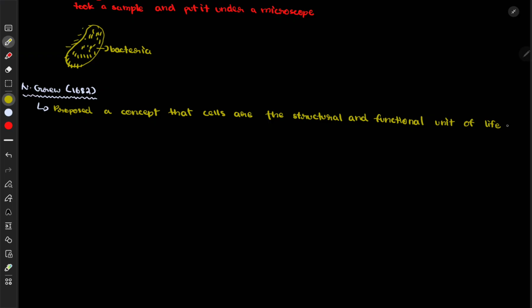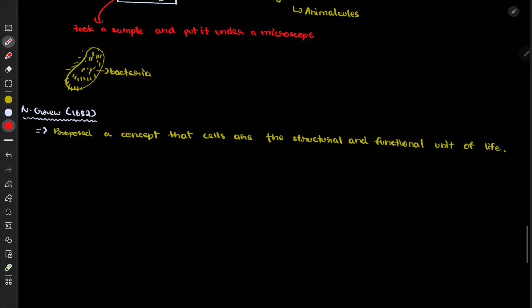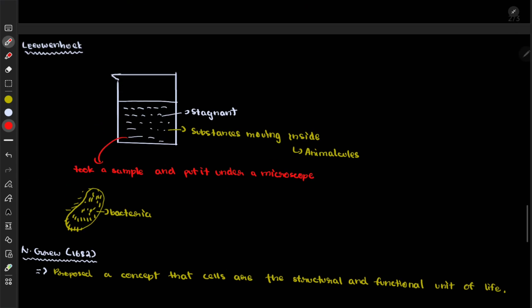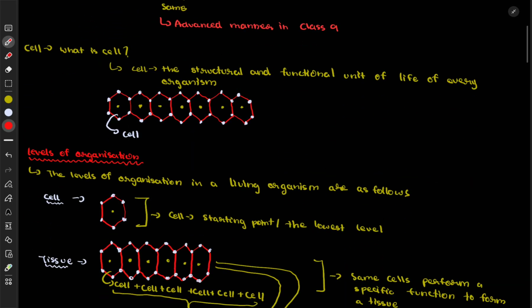Okay, structural and functional unit of life. So basically, he just gave a concept which we have learned before, which is going to be so boring. About this thing, you'll be hearing the same thing at least 10 to 15 times in this chapter. But this chapter is not boring. So let's take a recap from the first. Cells, structure and function. We learned about all of this in 8th. What is a cell? It is a structural and functional unit of life.